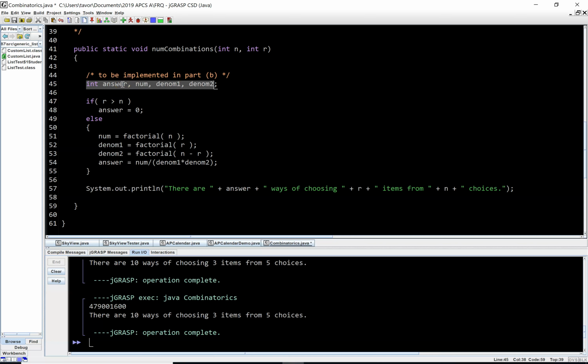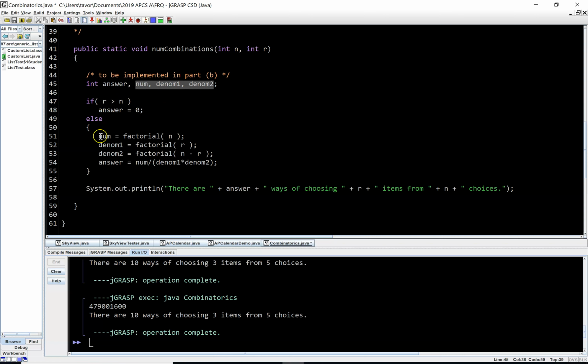All 4 bytes worth of information, so 32 bits. Because I might put stuff in it. If r is bigger than n, then the only variable that I populate, that I assign a value to, is this variable. Answer equals 0. These are not assigned a value, but that's okay because I'm not going to use them.